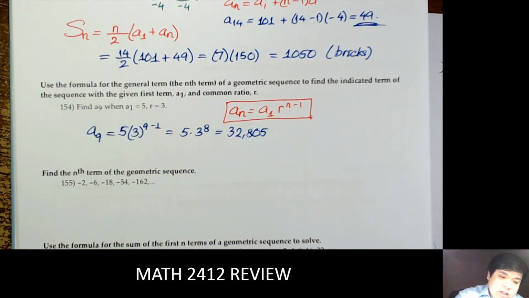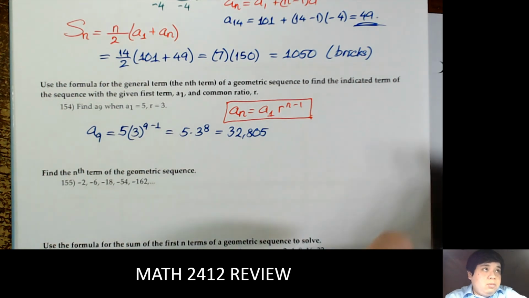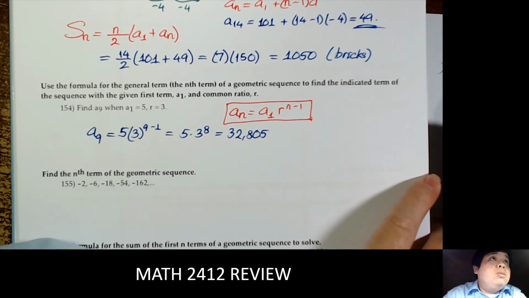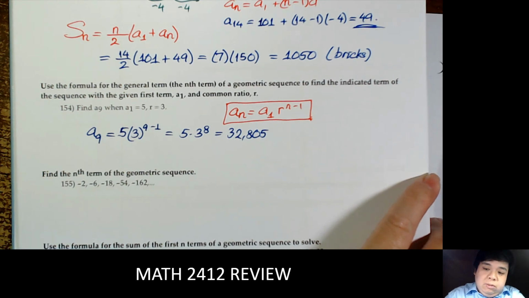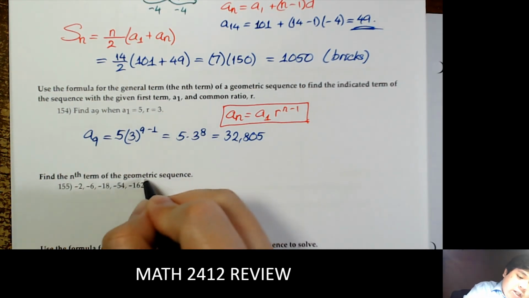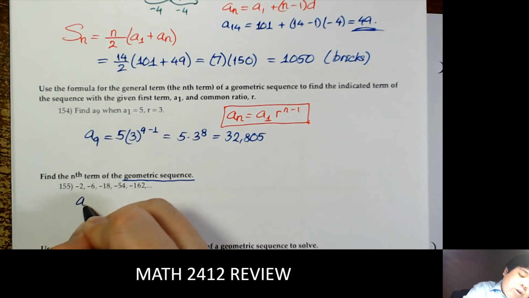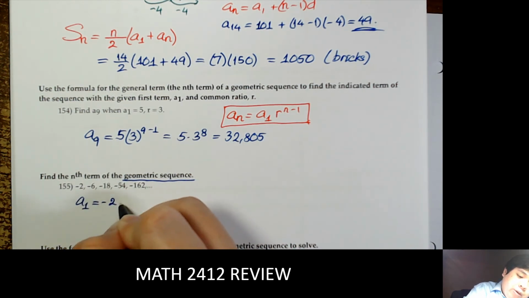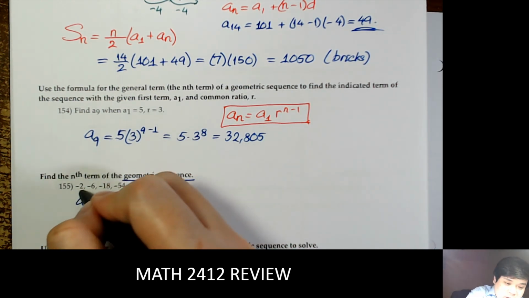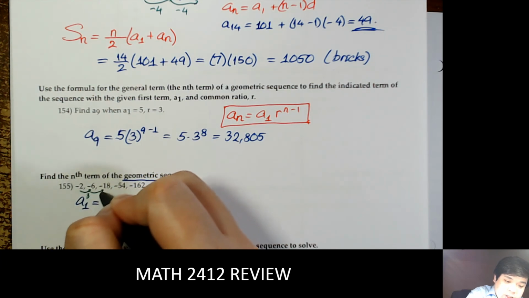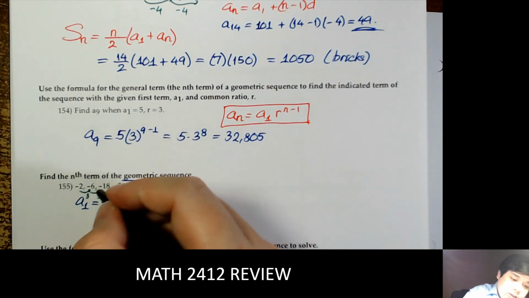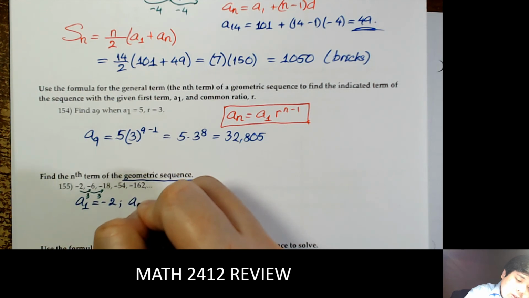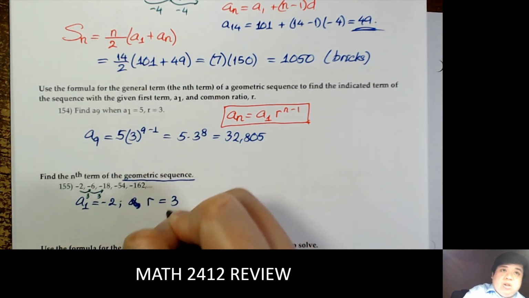The next one. This is also a geometric sequence. The first term is negative 2. To get from this to the next, we need to multiply by 3. So the common ratio is 3.